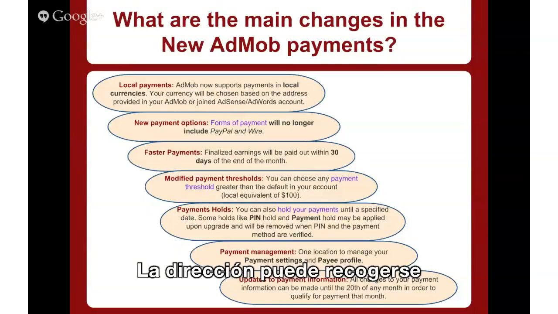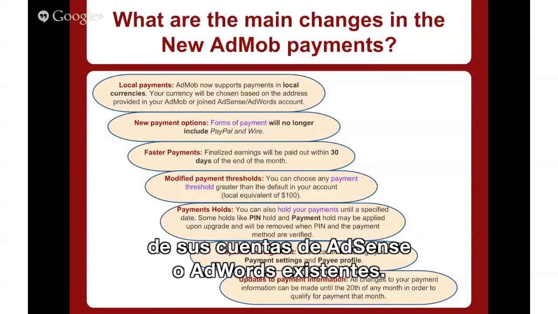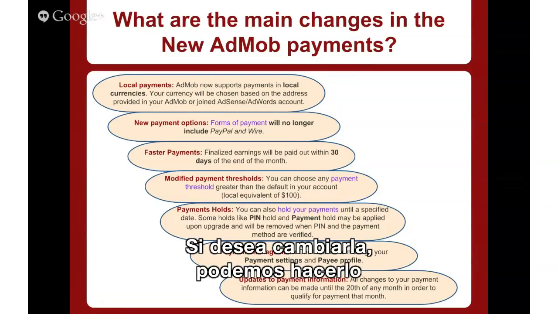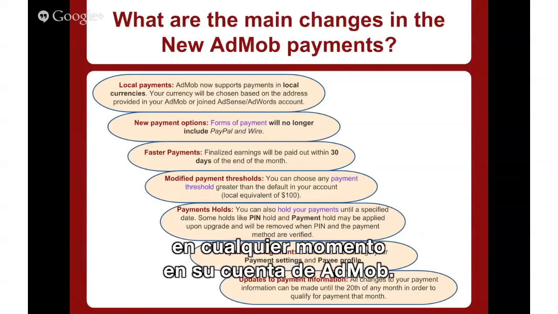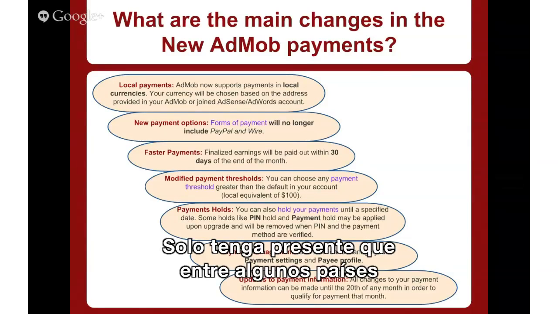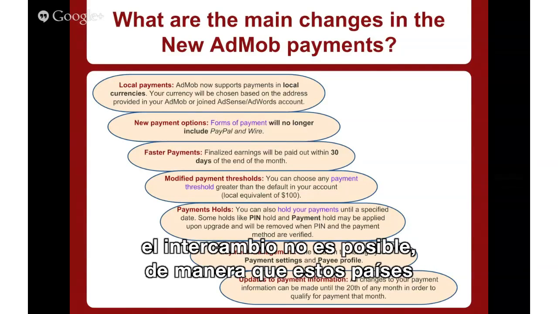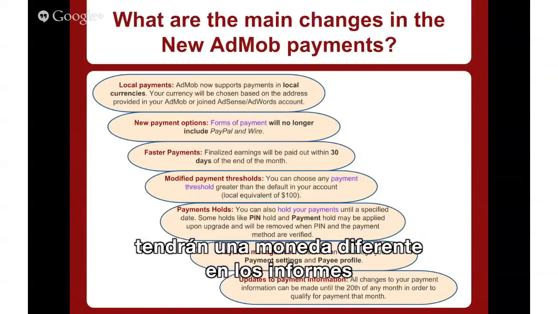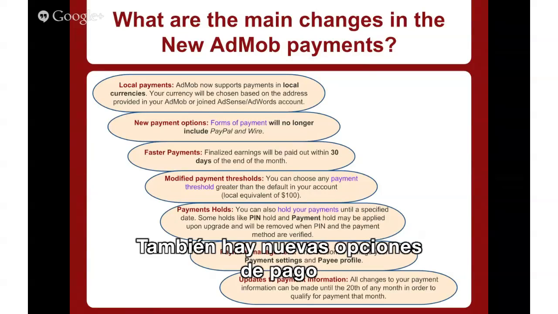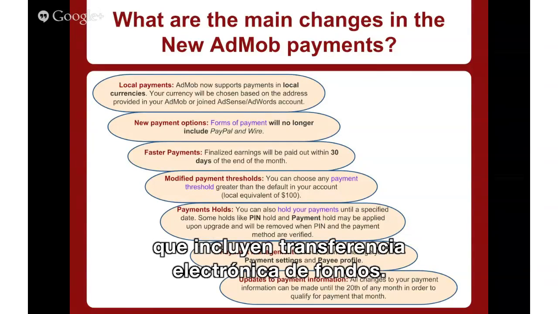The address may be picked up from your existing AdSense or AdWords account. If you wish to change it, you can always go back and change it in your AdMob account. Just be mindful that between some countries the change is not possible, so those countries will be those that have different reporting currencies. There are also new payment options, and those include electronic fund transfers.